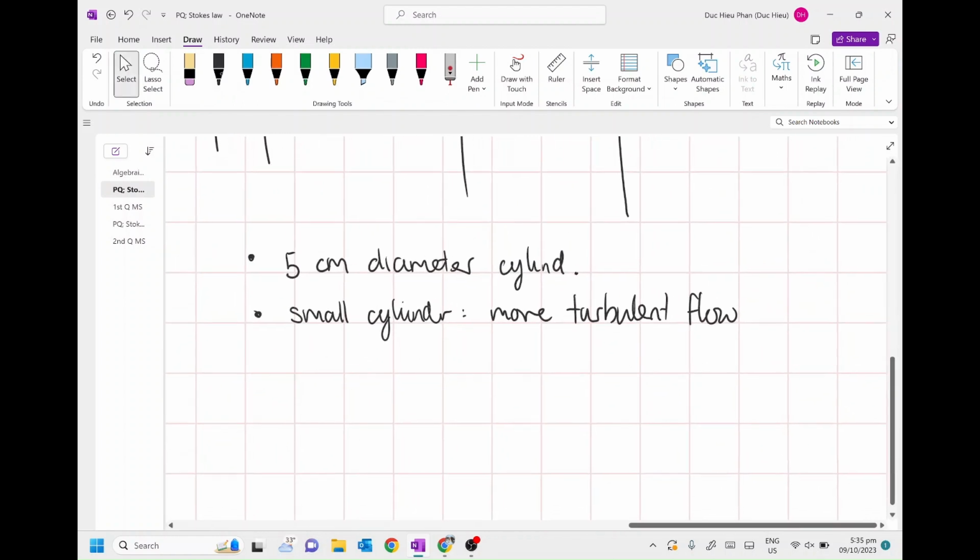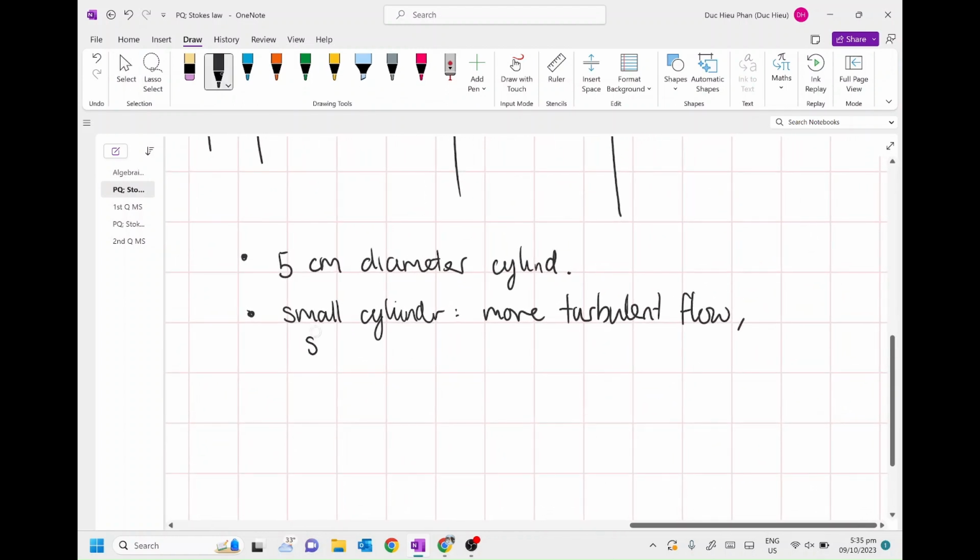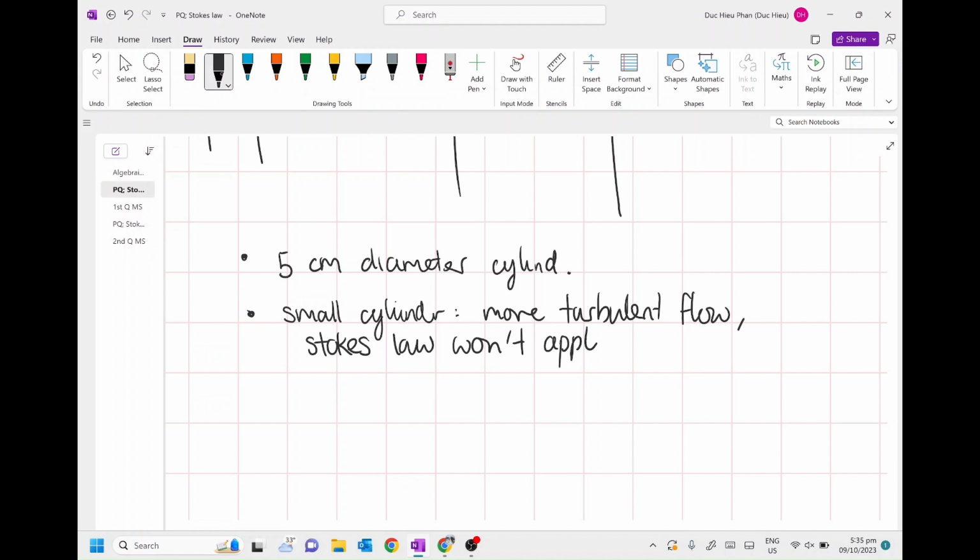And so Stoke's law will not apply, because Stoke's law only applies if something is moving at its terminal velocity when all the forces are in equilibrium. If there's turbulent flow, sometimes it's going to be accelerating upwards. You know, so it's inaccurate. So we want to state that with turbulent flow, Stoke's law won't apply. And so that means that it will be inaccurate.